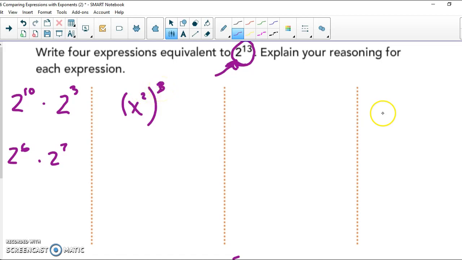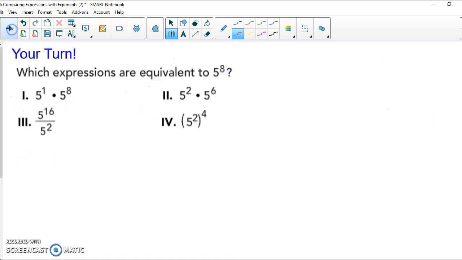You may even, if you are feeling really confident, try to figure out a way to use an exponent of 0 to help you simplify to 2 to the 13th power. So pause the video and take a few minutes to see if you can come up with some others, and we will share these out in class.